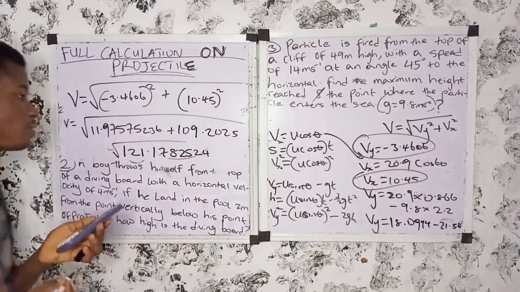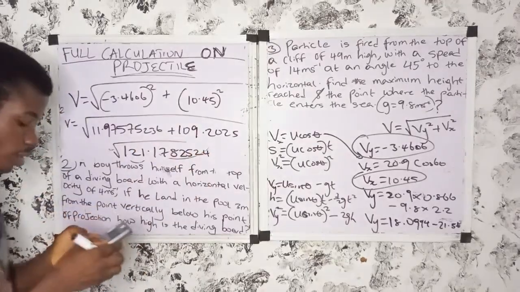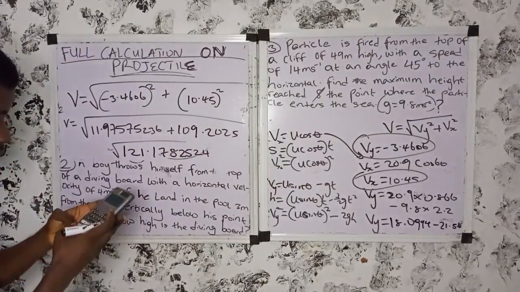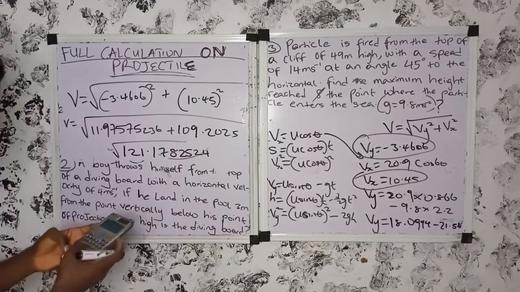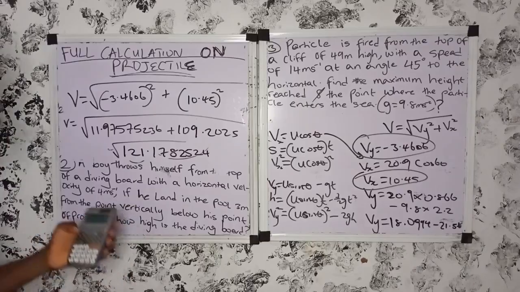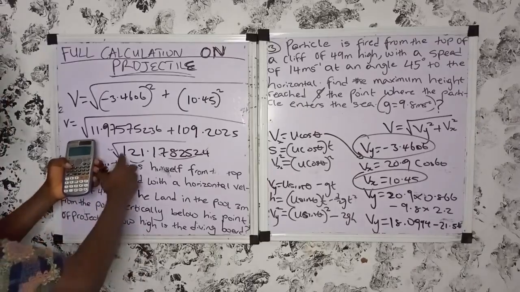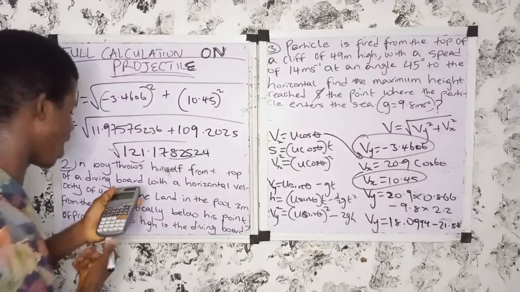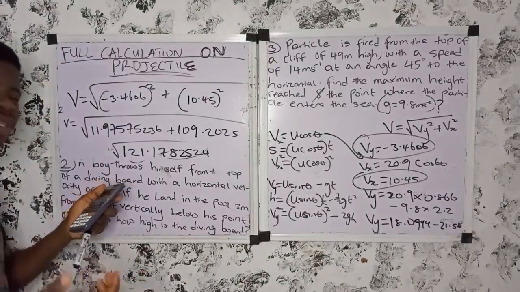So let's take the square root of this value. The square root of 121.1782524, if we take the square root of everything here, we have 11.8 or so.